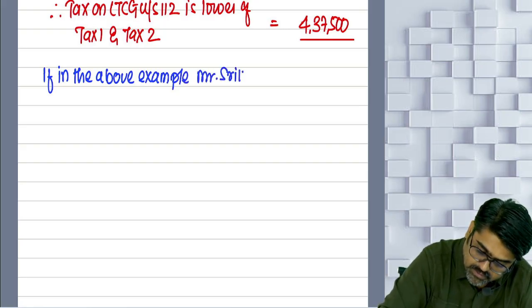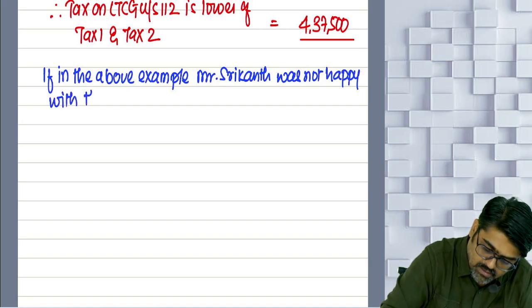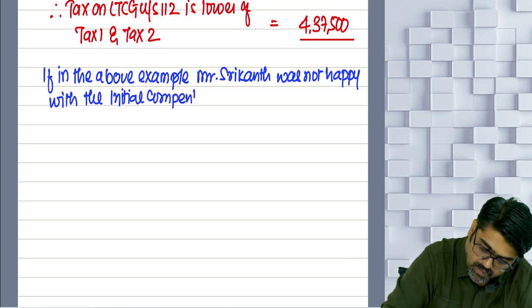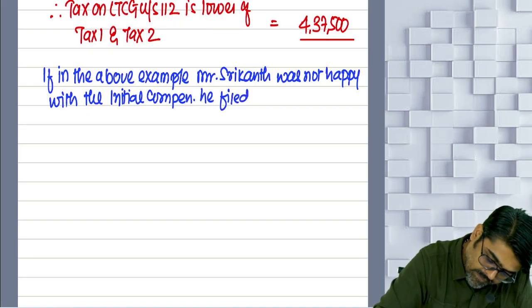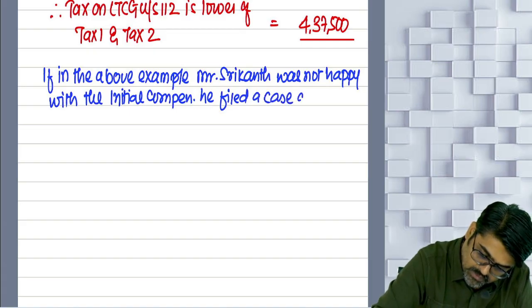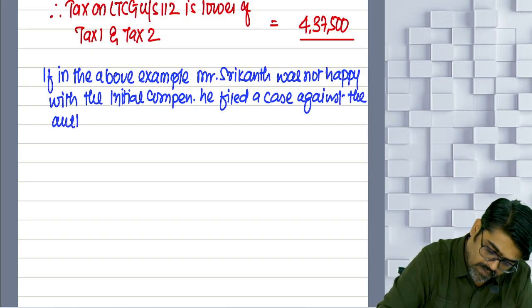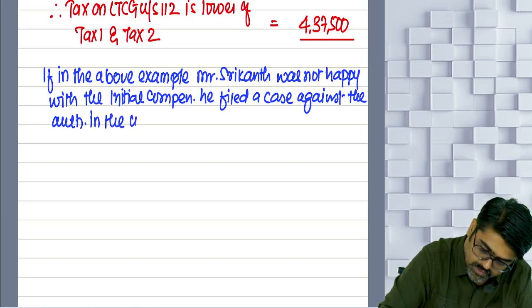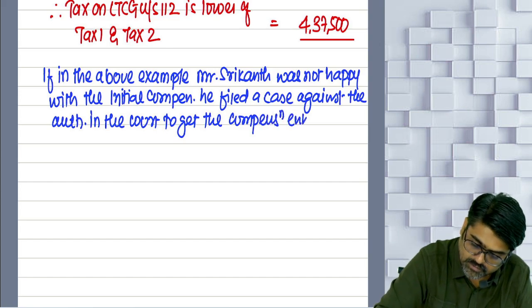If in the above example, Mr. Shrikant was not happy with the initial compensation, he filed a case against the authorities in the court to get the compensation enhanced.